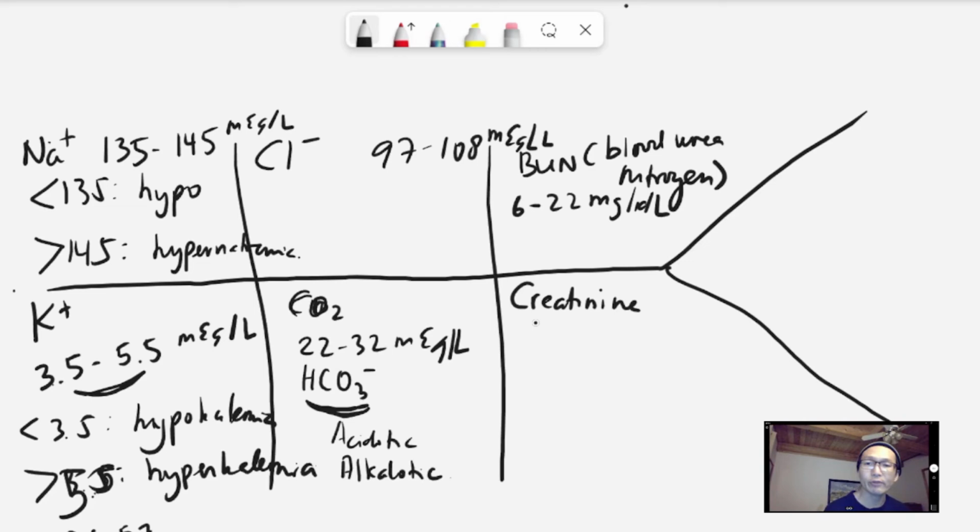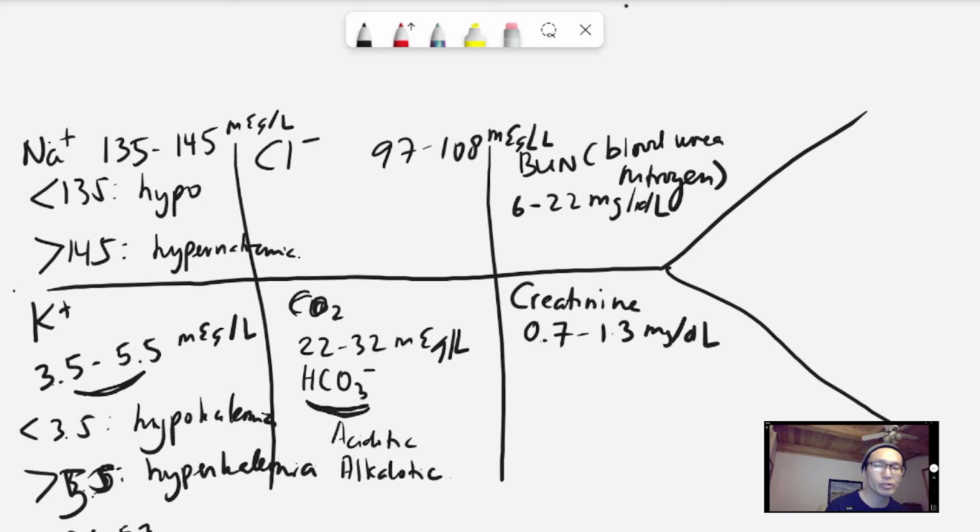The normal level for creatinine is between 0.6 or 0.7 to 1.3 milligrams per deciliter. Both BUN and creatinine will tell you about the kidney function of a patient.